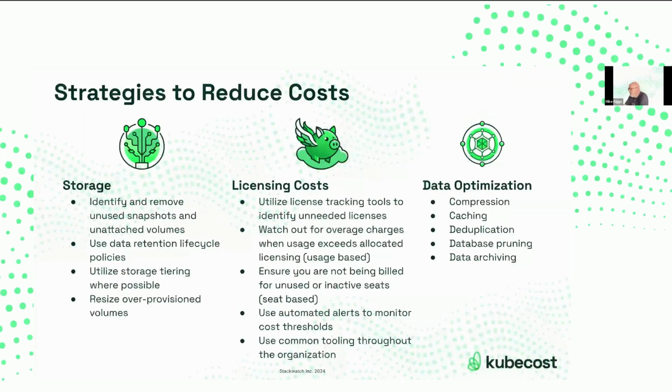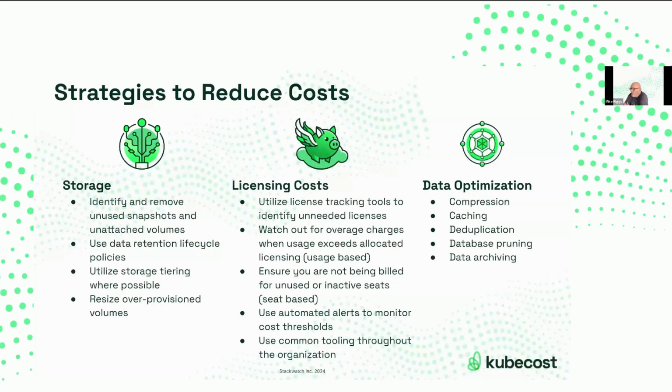And then the last thing here that we can look towards for reducing cost is data optimization. This is going to be things like we can compress our data, we can utilize data caching. Deduplication is a big thing. Oftentimes we'll see teams that have multiple copies of the same data set that they don't need. So we can deduplicate that data and save on those associated costs.